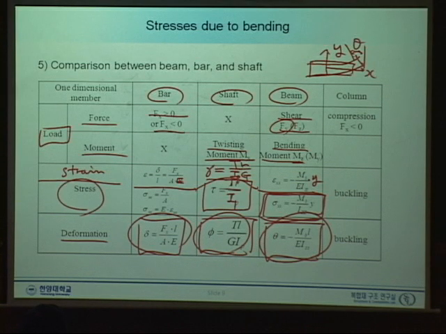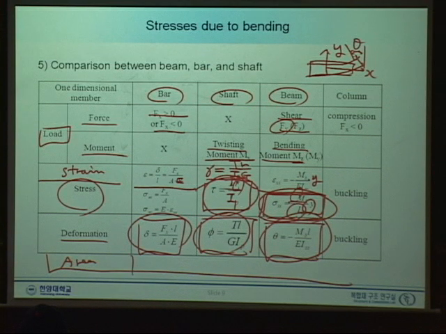And the stresses are also very similar: force divided by a cross-sectional property and proportional to Y, and here proportional to R. So I would add one more row representing area properties, and here is I, and here is the IP, and here is the IZZ.